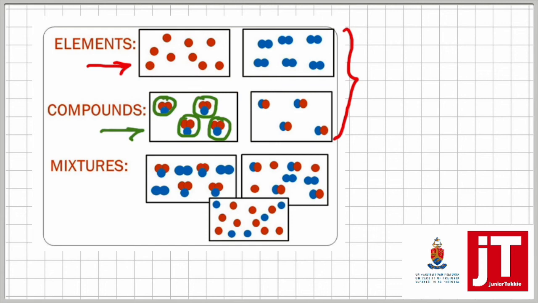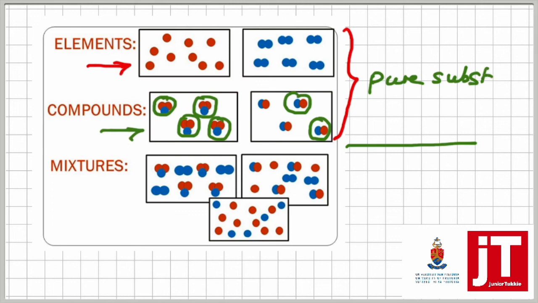They are particles of the compound because they are made up of more than one type of atom. Likewise, in the second example of the compound, here we have two different atoms joined together. Now, the compounds are different from mixtures. There's a major difference in that these are pure substances because every particle is exactly the same.